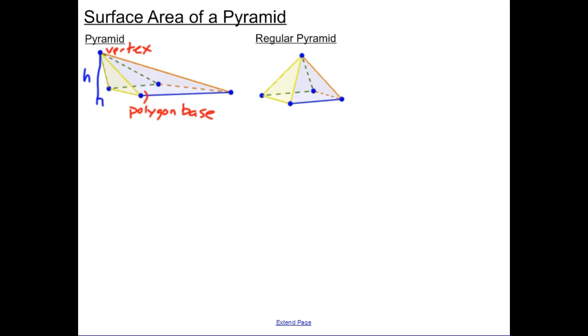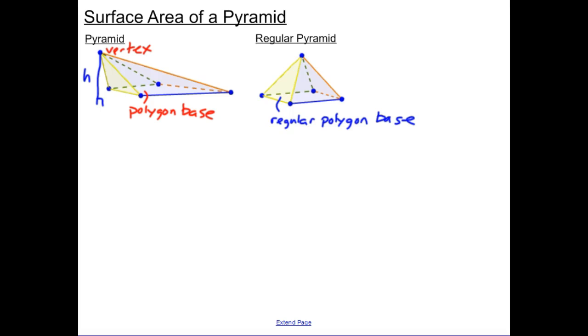First, our base is itself a regular polygon. So a regular polygon has n sides, and each of the side lengths is equal, as well as each of the angles formed at the vertices of that polygon.